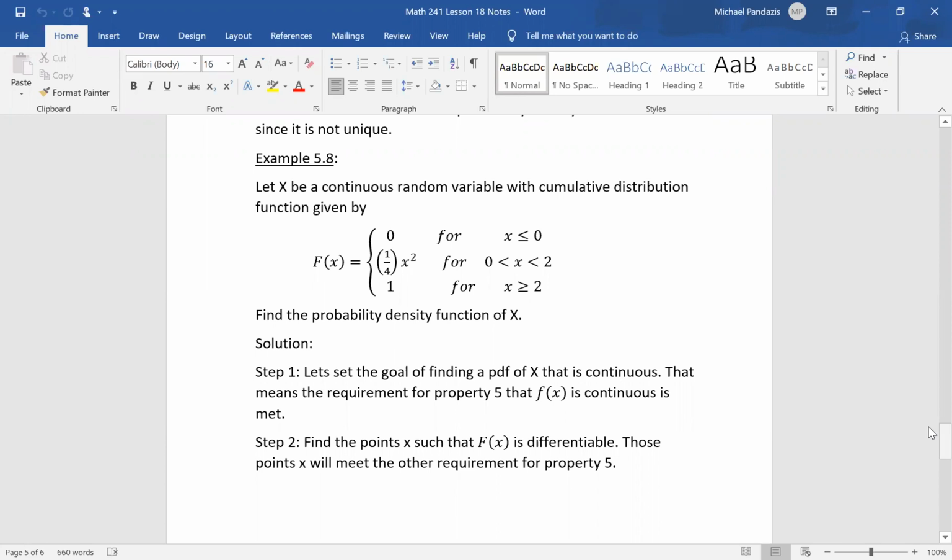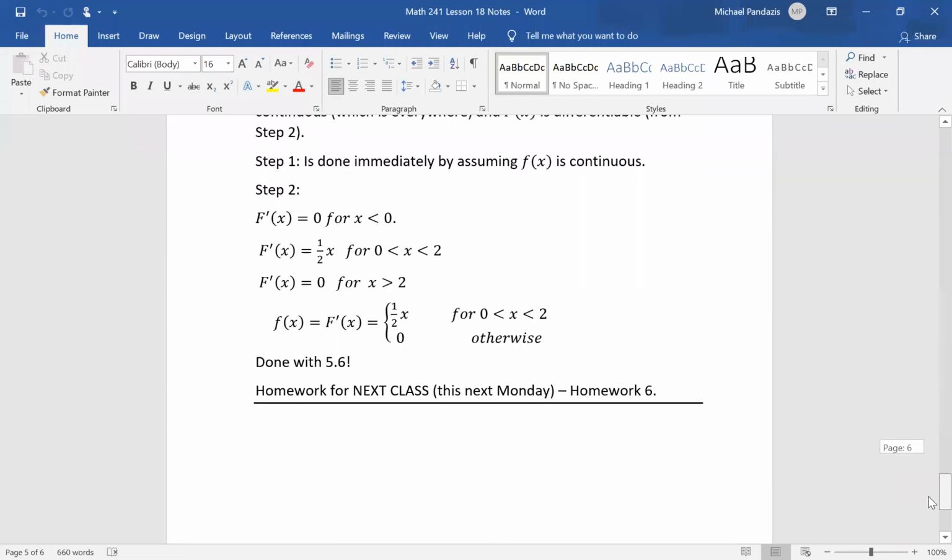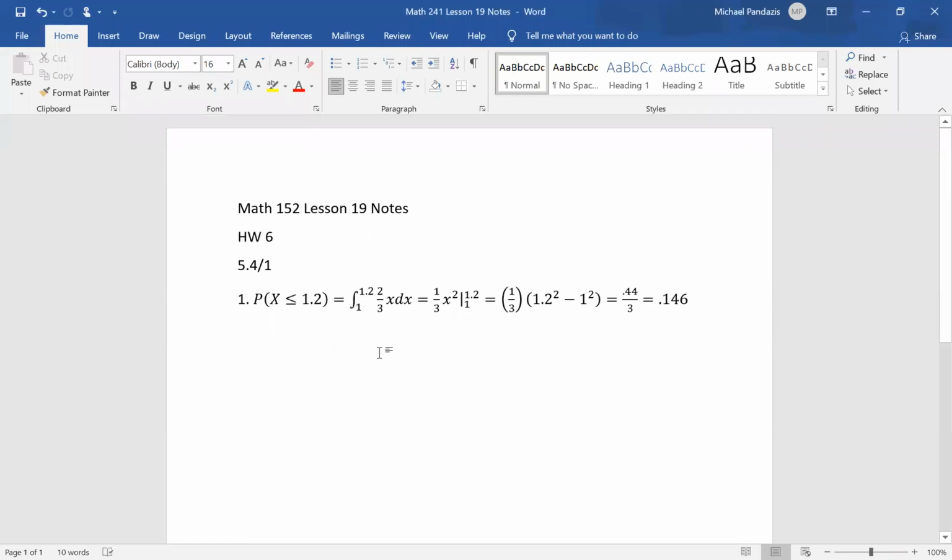We went further ahead than I thought. So we're done with 5.6. That was very easy to know. Okay, so let's start 5.7. 5.7.1 is on the continuous uniform distribution.